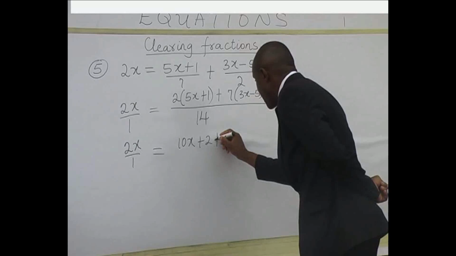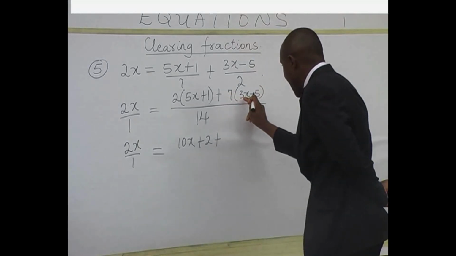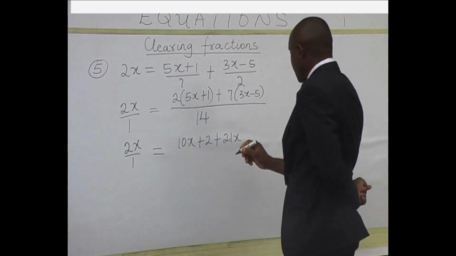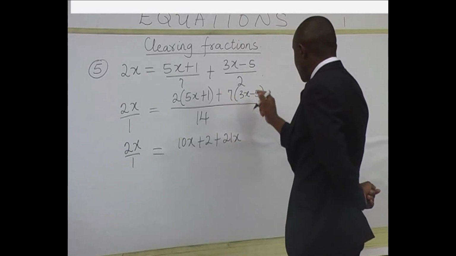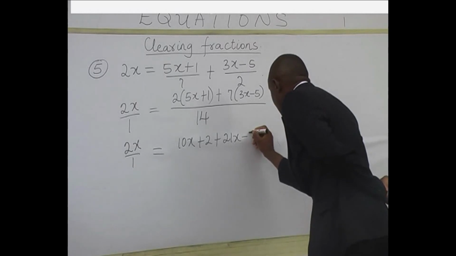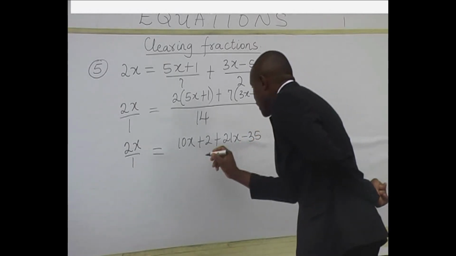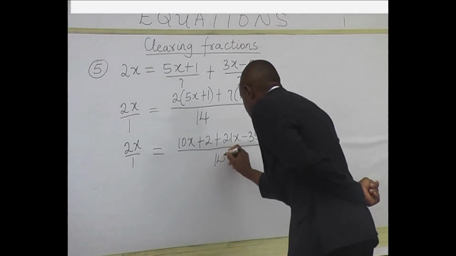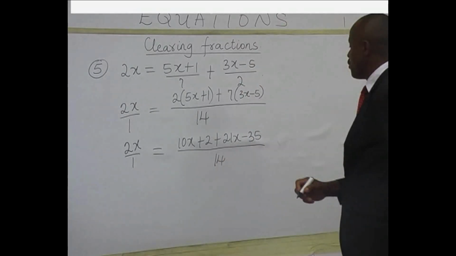Bring down the sign of addition, this one. 7 times 3x will give you 21x. Then 7 times minus 5 will give you minus 35, all over 14. So at this level, you can cross multiply.